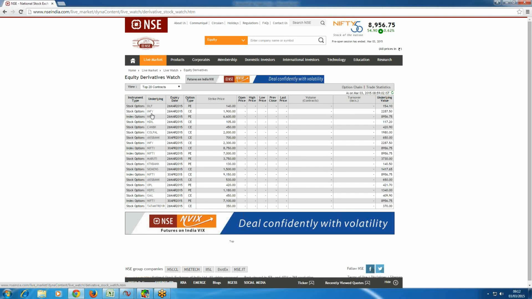You're seeing it here. We have DLF put option, we have Infy, Nifty, HDIL, Can Bank, Colgate Palmolive, and these are the highly traded instruments in the option market. You will get all this data after the close of the particular day, so you can prepare your trades for the next day in advance.